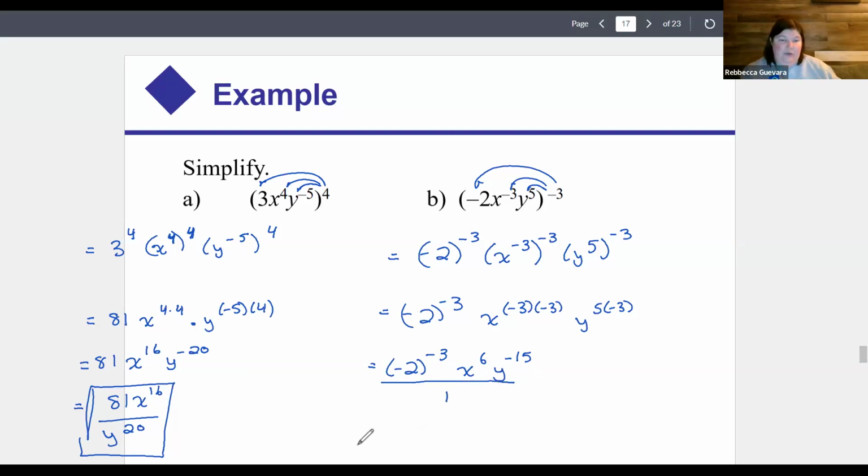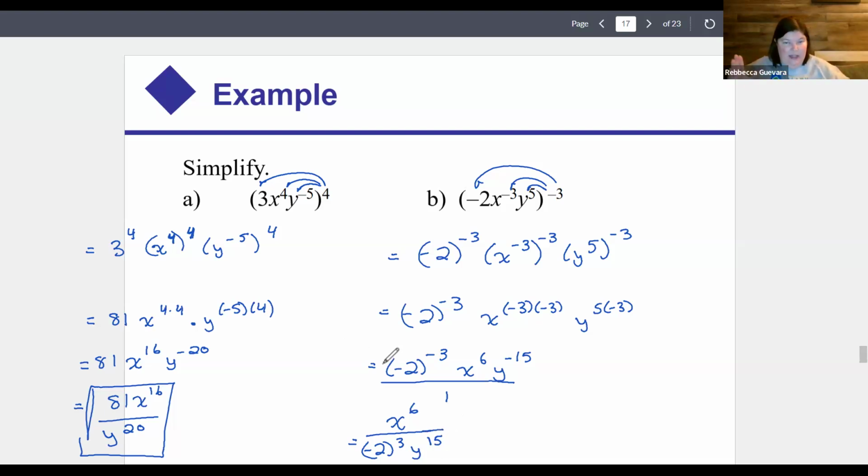And as I said, always think of this over 1. So everything with a negative exponent goes to the bottom. So x to the 6th stays here, but because of that negative power, I get negative 2 to the 3rd down here. And I'm going to have y to the positive 15 down here.